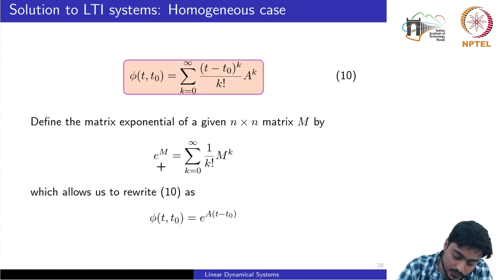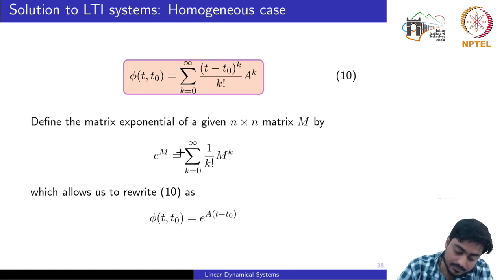Now using this exponential, if I try to rewrite this part, I could write phi(t, t0) as basically the exponential of A(t minus t0).